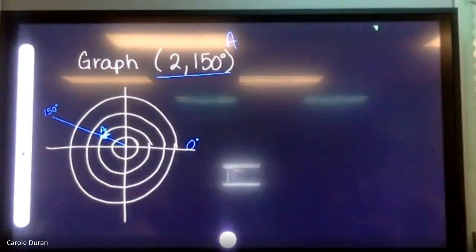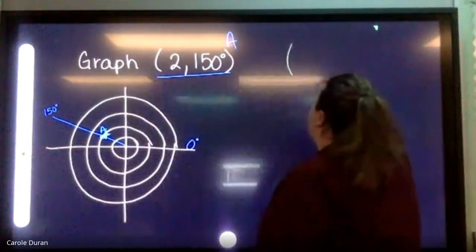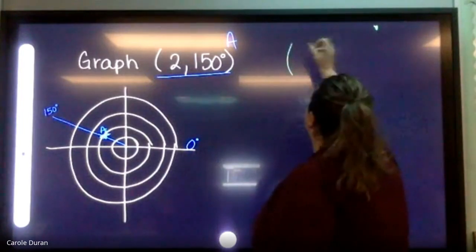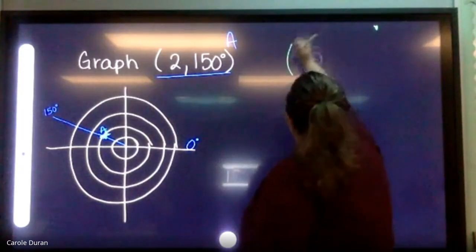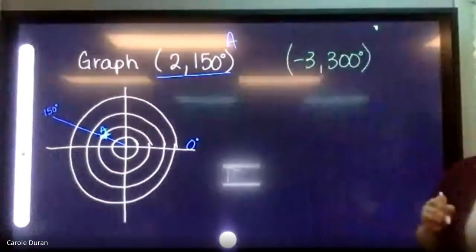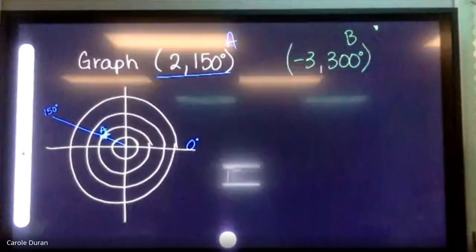We're going to do another one, of course. This time, I would like to do the point -3, 300 degrees, and this will be point B. When I'm graphing this, what is the first thing I need to find on my circle?